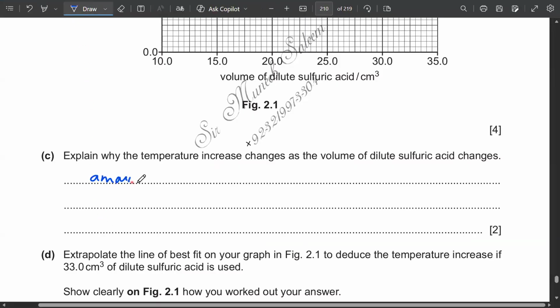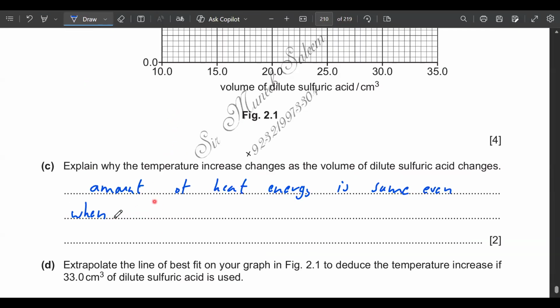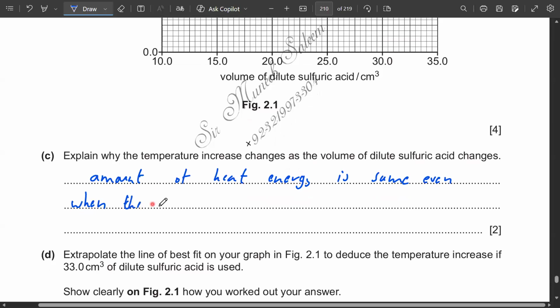The amount of heat energy is the same, even when the larger volume of acid was used.